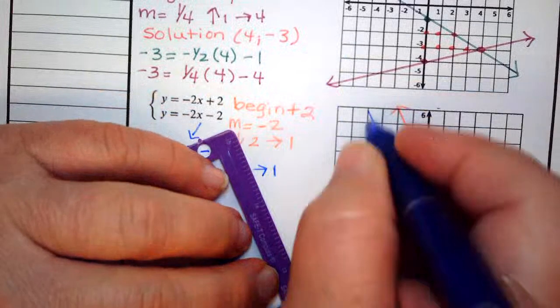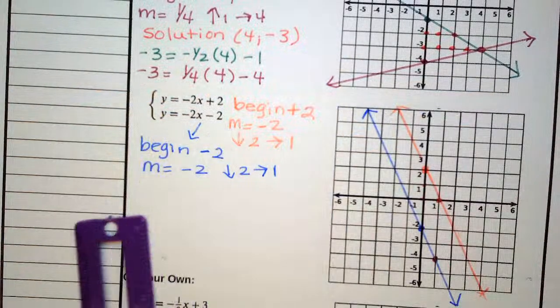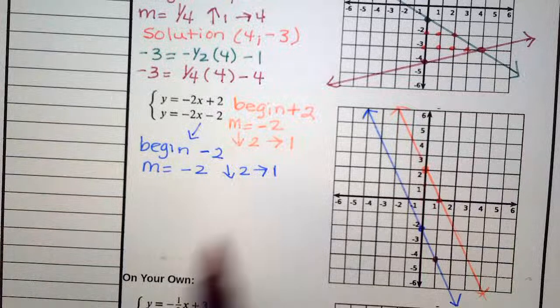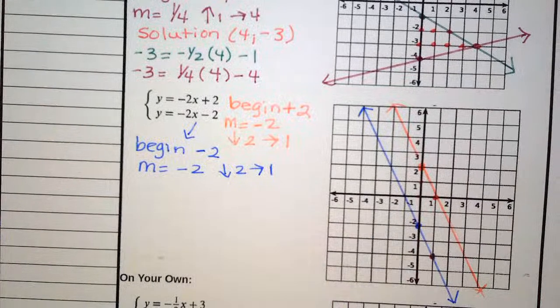Okay, what do you notice? What kind of lines do we have? We have parallel lines. If your solution is where the lines intersect, where they have the same coordinate point, how many points do we have when we have parallel lines where they intersect?